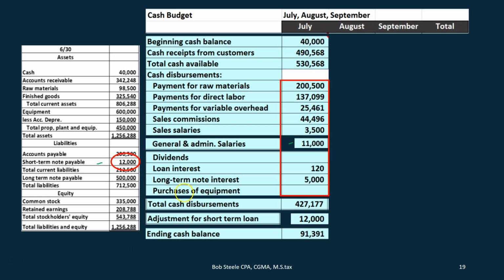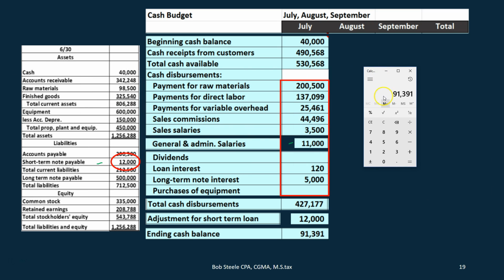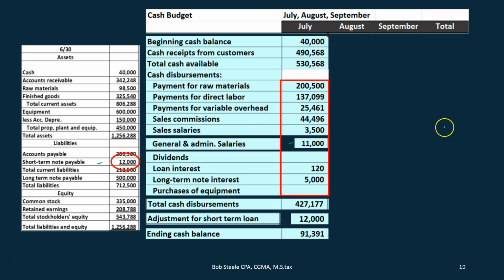And then if we calculate our ending balance, we then have the 530,568 minus the 427,177 minus the 12,000. And we have the 91,391 now.